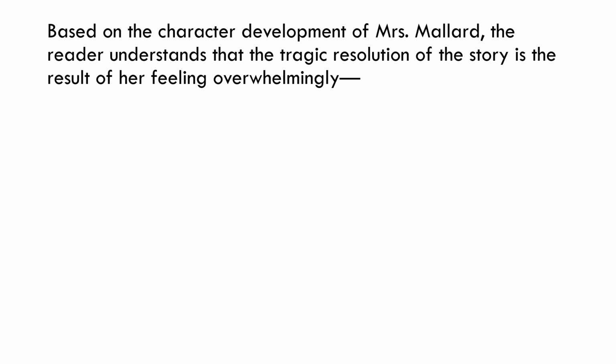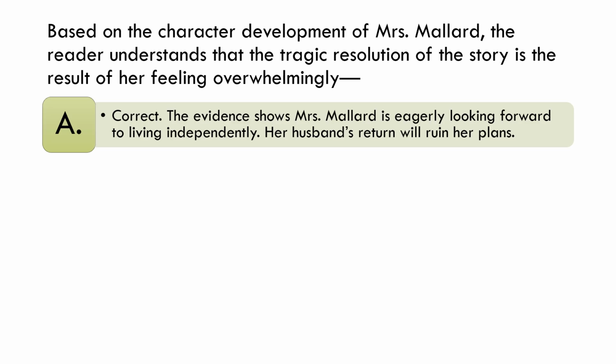Based on the character development of Mrs. Mallard, the reader understands that the tragic resolution of the story is the result of her feeling overwhelmingly: A is correct. The evidence shows Mrs. Mallard is eagerly looking forward to living independently. Her husband's return will ruin her plans.